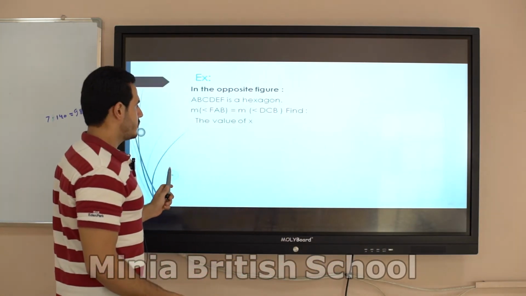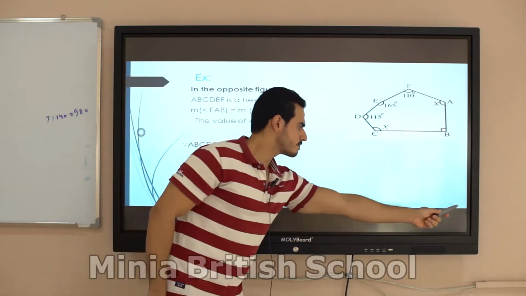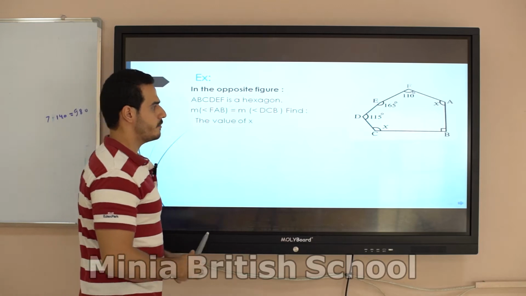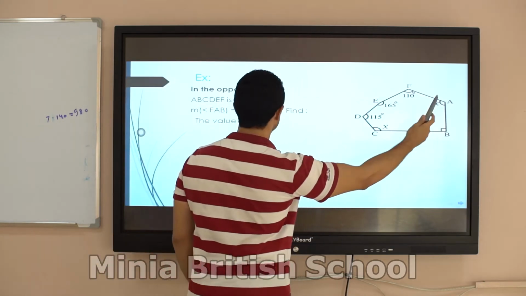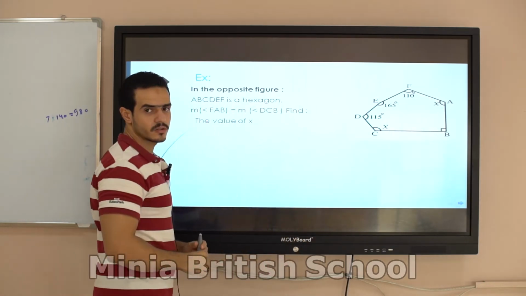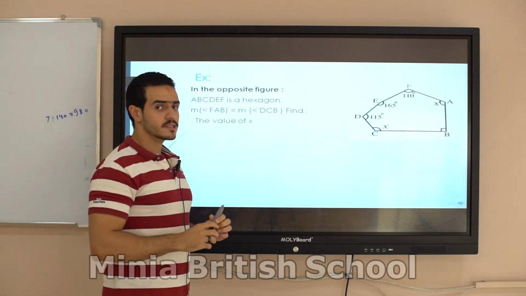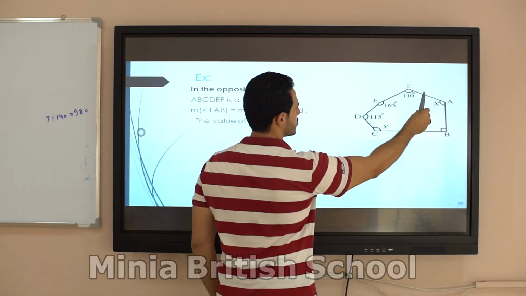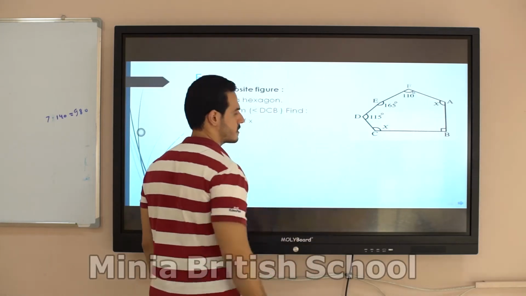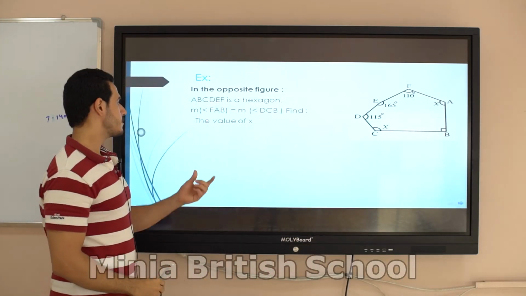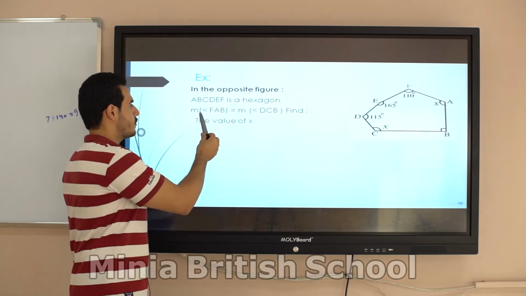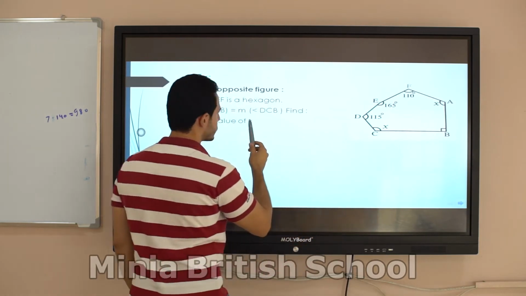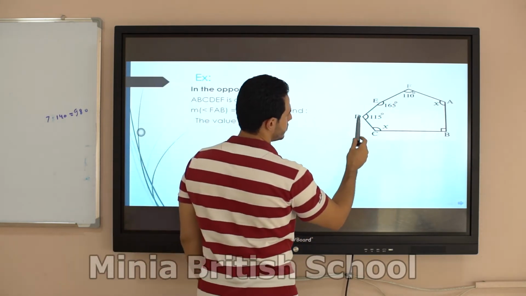In the opposite figure, A, B, C, D, E, F, this figure is a hexagon. Okay? A hexagon means it has 6 sides: 1, 2, 3, 4, 5, 6. Okay? He said that the measure of angle FAB equals the measure of angle DCB.